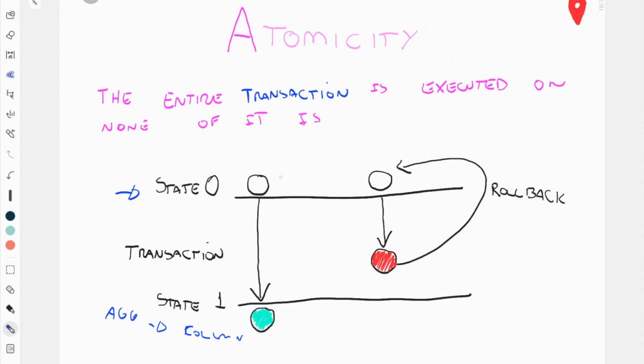If the transaction starts and some error happens here, you don't get half of your table. The result isn't the half that worked. You either have no result, or you have the whole table transformed with this aggregation.